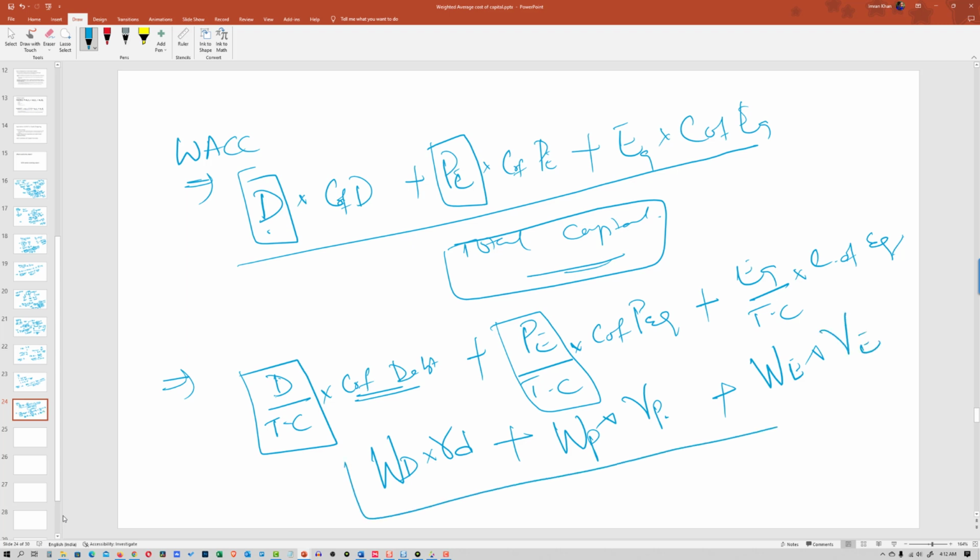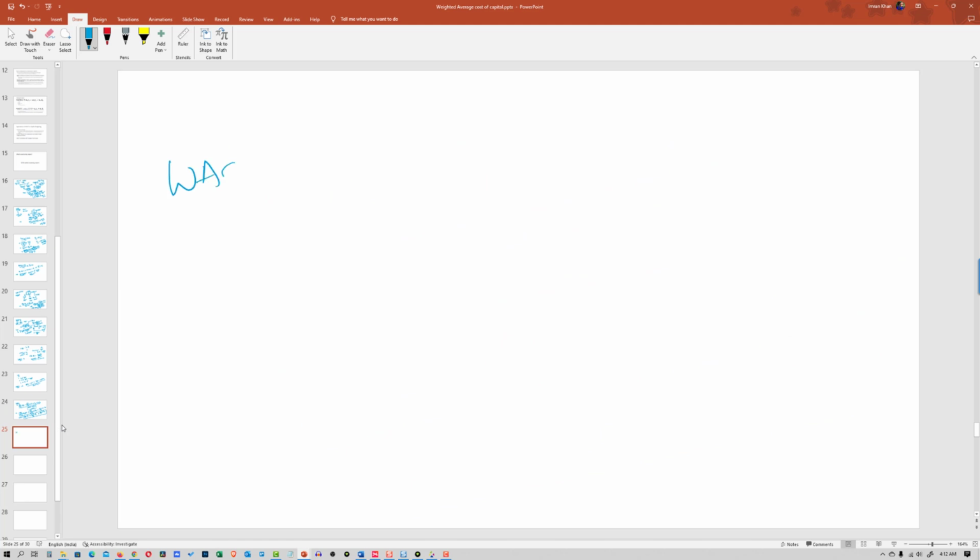So this is our formula for WACC. This is how we derive WACC. So I'm going to rewrite it here. I hope you now know what each term is.